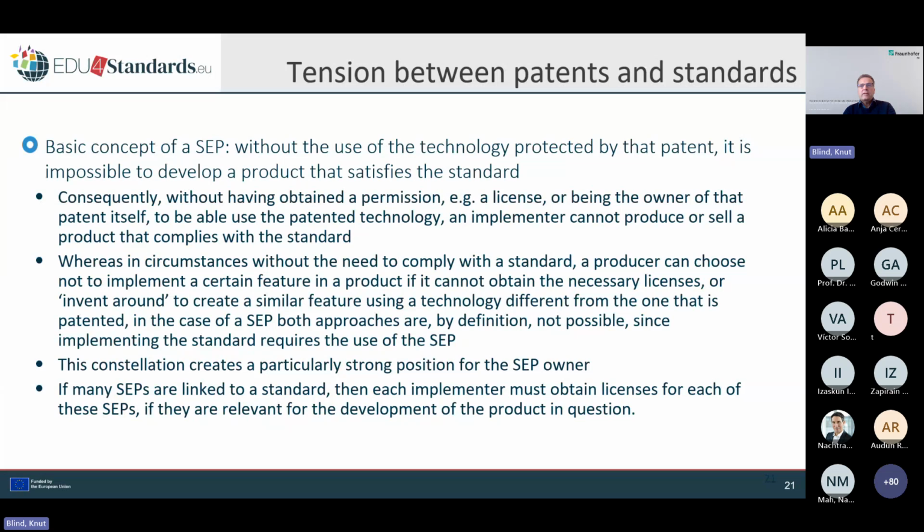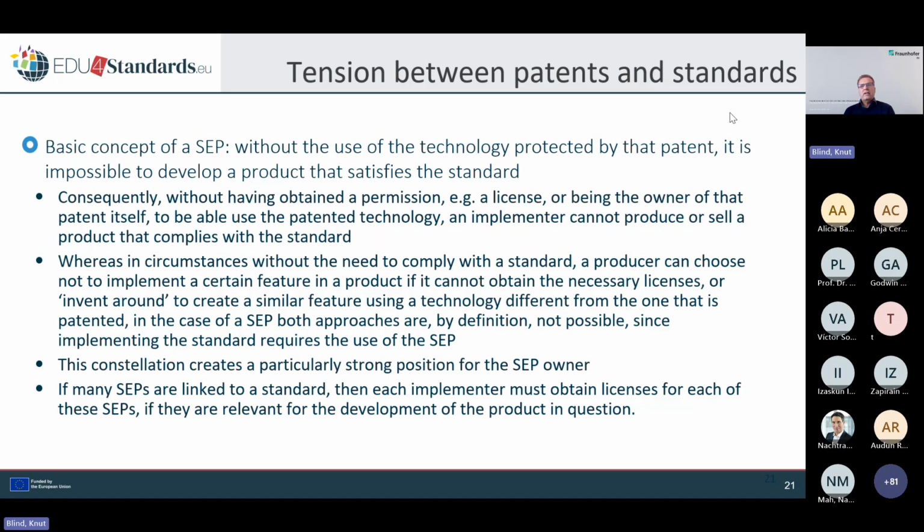If that's not the case, then you have a problem. And if you cannot get the licensing, then the only option is to invent around, to create a similar feature using maybe technology from somebody else. If that's not possible, then you have to stop your development. It means it's really a strong right, and the SEP owner has a very strong position.